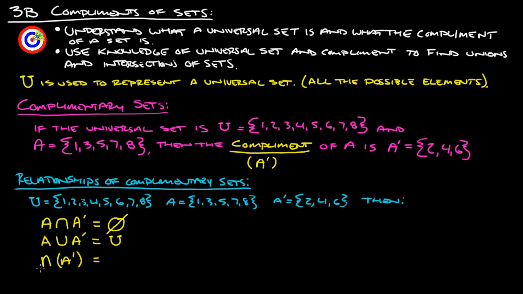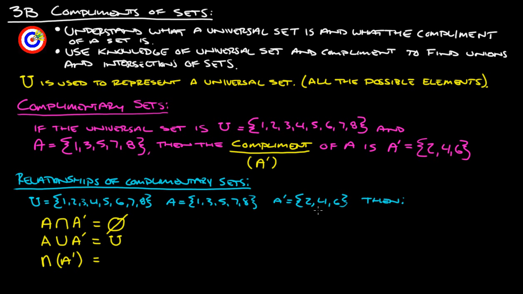Okay? And then for this one here, the number of elements in the complement of set A, if you think about it here, we have 3 here, and there's 1, 2, 3, 4, 5, 6, 7, 8 here, and there's 5 here.